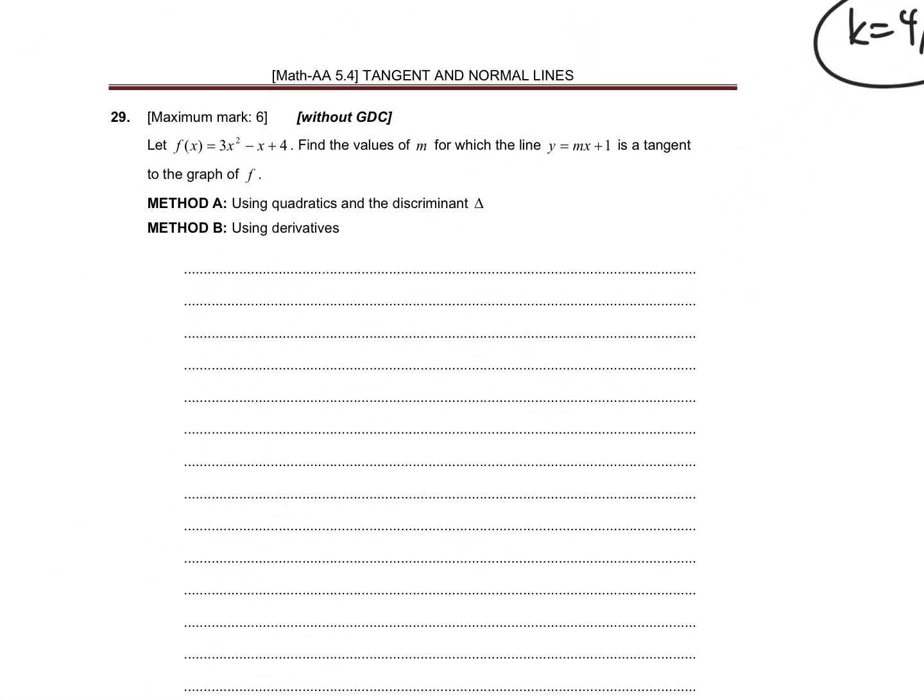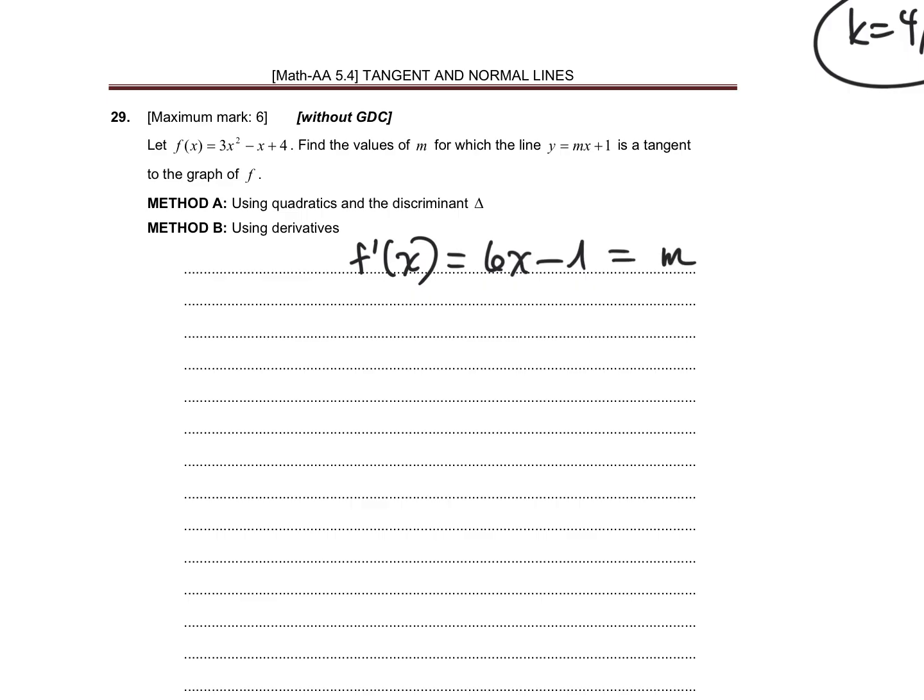Okay, so f at x is that, find the values of m for which the line y equals mx plus 1 is a tangent using quadratics and discriminant. Okay, so we have to find the derivative. Okay, maybe this is method B, but whatever. 6x minus 1. So we want this to be equal to m.